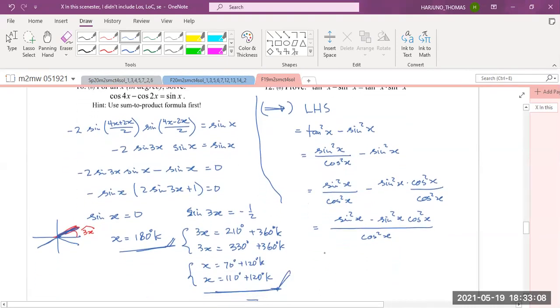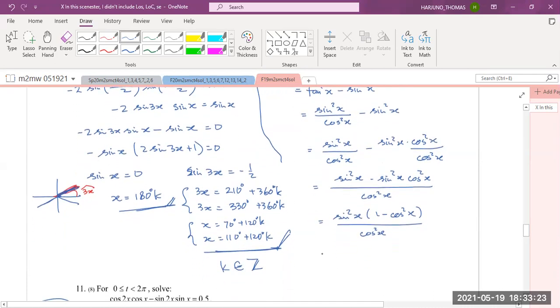Factor the sine squared. We get 1 minus cosine squared x over cosine squared x. Okay. Now then I will group this sine squared x over cosine squared x.